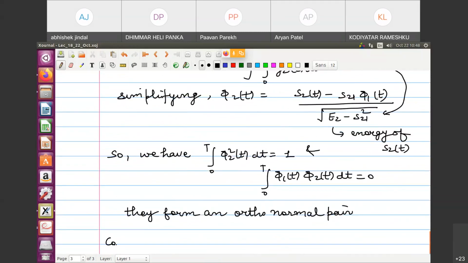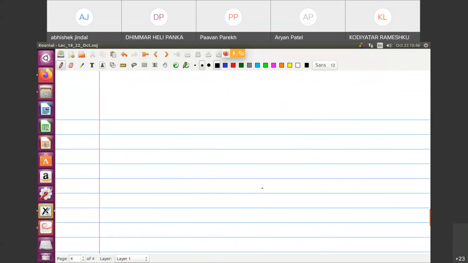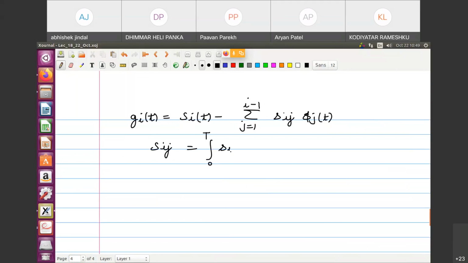So continuing in this fashion, we have that gi(t) is equal to Si(t) minus the sum of Sij phi j, where Sij is equal to integral 0 to T of Si(t) times phi j(t) dt, and j is equal to 1 to i minus 1.